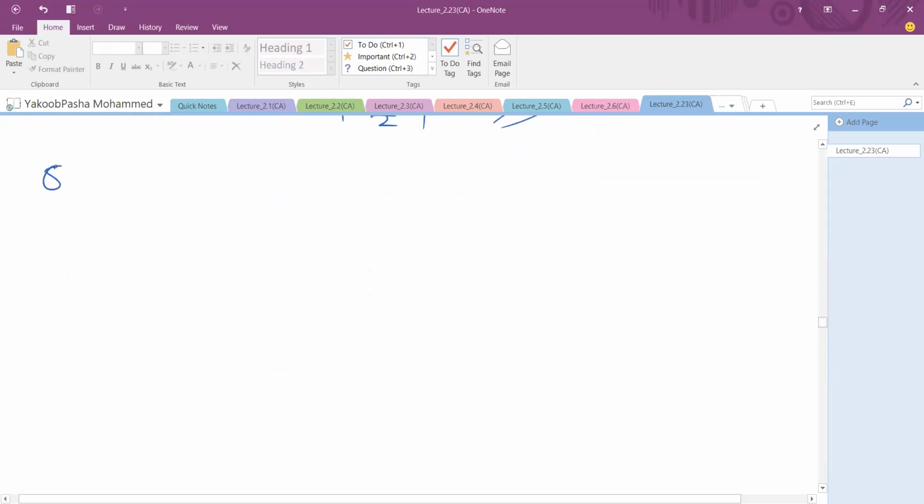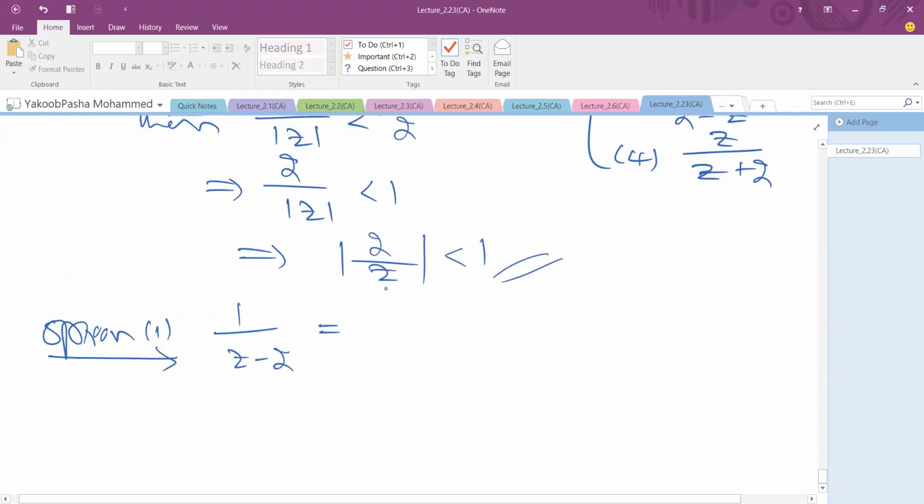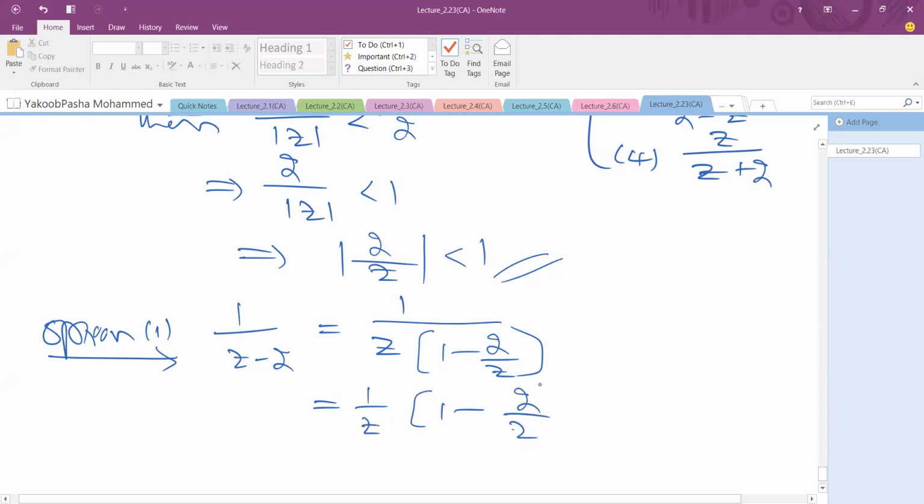First I am checking option 1, that is 1 by z minus 2. We have to convert the function in terms of 2 by z. Take 1 by z common, then we get 1 minus 2 by z. So this is equal to 1 by z of 1 minus 2 by z whole to the power of minus 1.